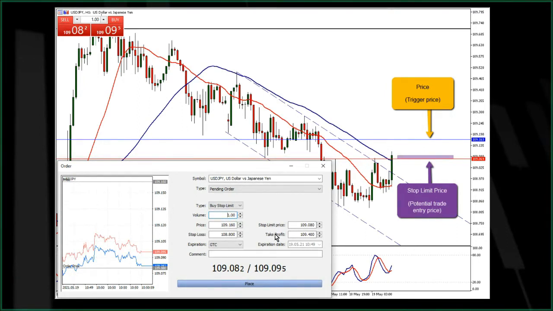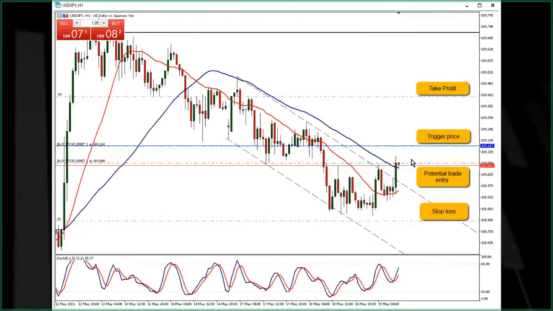So in this case, if the market rallies and touches the blue line, the trigger price is touched and the system places a limit order to buy at 109.08 here. And after that is placed on the market, this order looks like this. We have the trigger price and the potential trade entry price, and then we have a stop loss and a take profit.